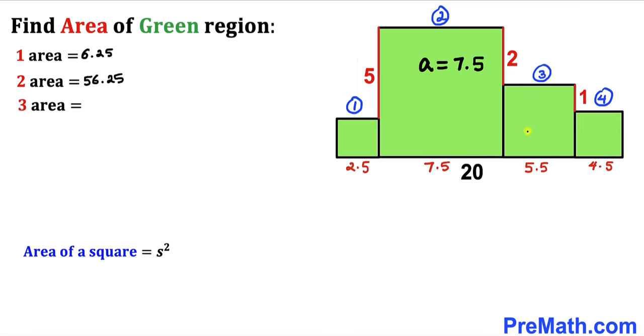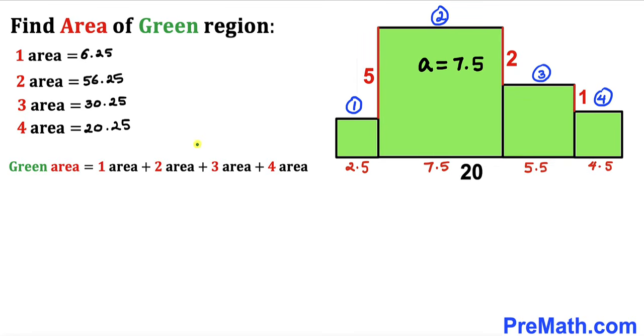And likewise the area for this box 3 is going to be 5.5 squared, and that is going to be equal to 30.25. And finally the area for this box 4 is going to be 4.5 squared. So therefore that is going to give us 20.25.